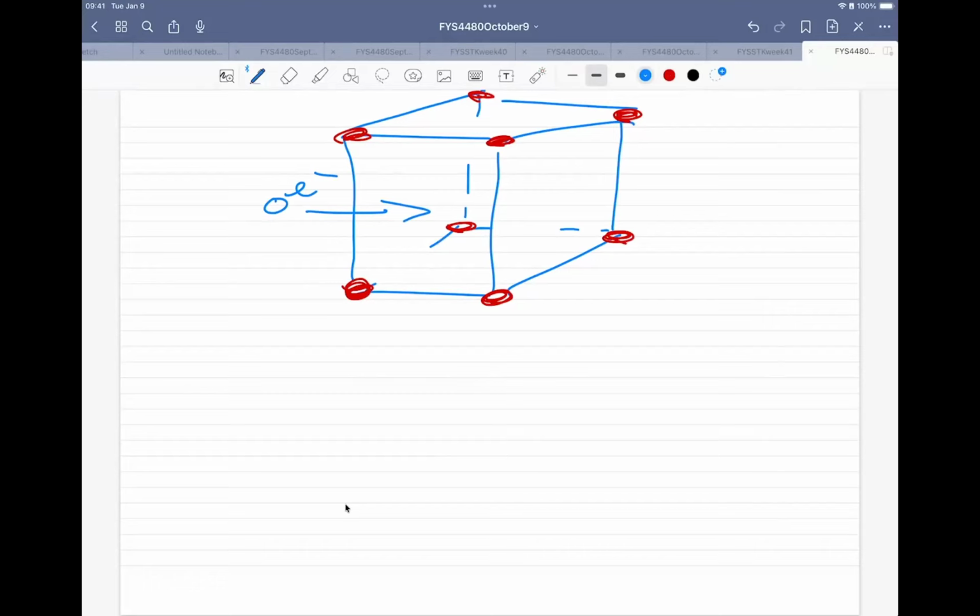So in a solid, you can approximate the way the atoms or ions are organized in terms of these lattices which just get repeated. And then you have these so-called conducting electrons, which move between the potential set up by these ions.